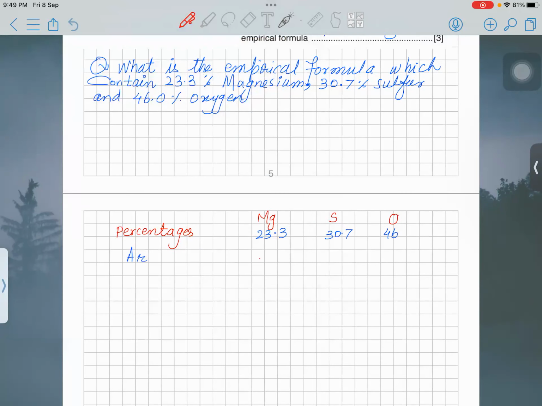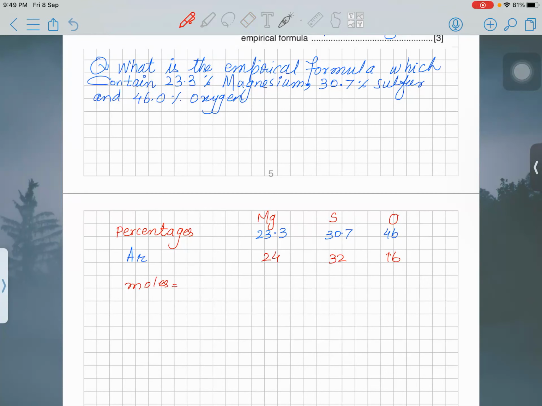Now AR of magnesium is 12 or 24? Can anyone tell me the AR of magnesium? 24, sir. Sulfur is 32. Oxygen is 16. Next is moles.